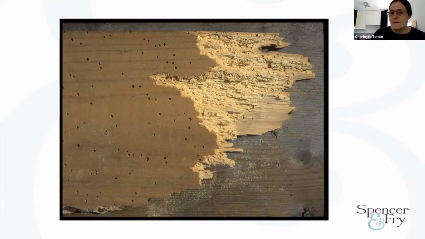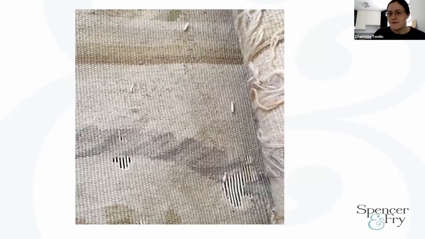And the second type of museum pests that people like to group in are shredders. And these pests shred material as they move across it, eating it and digesting it. So they include moths and carpet beetles.